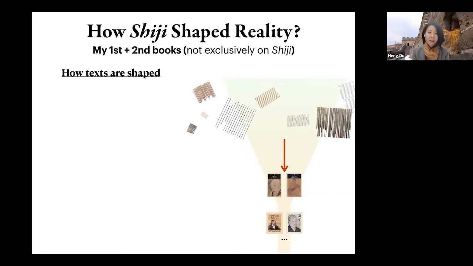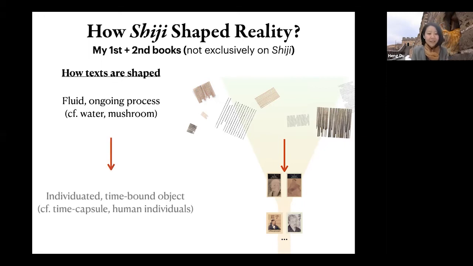Namely, they transform text from something more akin to a fluid and ongoing process, something more similar to water or mushroom, I can explain this more if you're interested, into something more individuated and time bound, something more like an object, much like a time capsule, or really more akin to human individuals. So I would argue a large part of the Shiji is part of this effort to transform textual reality.